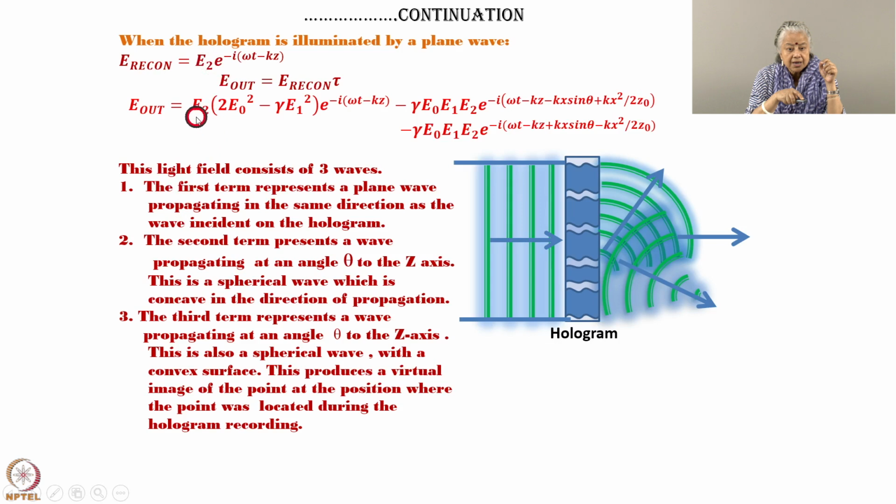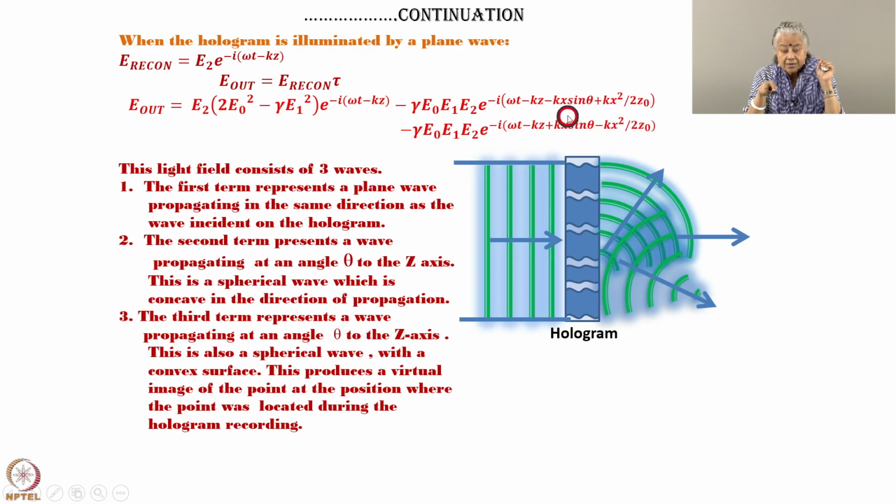If I put in E2 and open all this out, I get three terms like before. Now, carefully look at this part: exponential minus i, e to the power omega t minus kz minus kx sin theta plus kx squared upon 2z0, while the other term has plus kx sin theta minus kx squared upon 2z0.